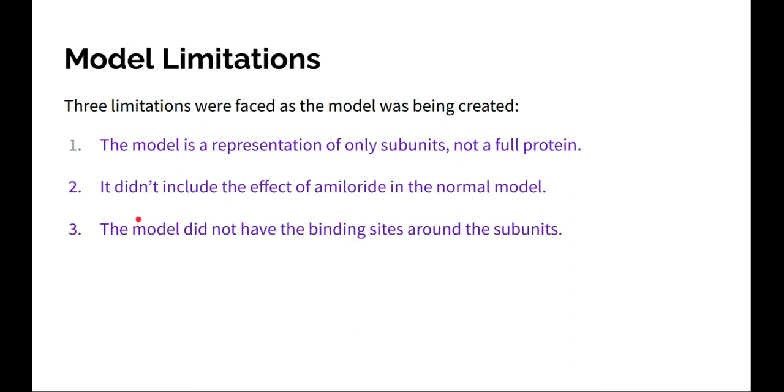Secondly, it did not include the effect of amiloride in the normal model, where the potassium sodium exchange would occur around the protein or in the cell. And lastly, the model did not have the binding sites around the subunits, where the subunits would bind with another molecule in the protein or in the cell.